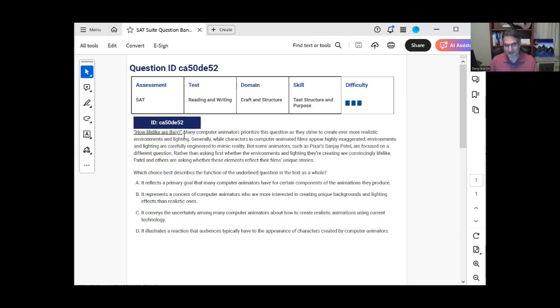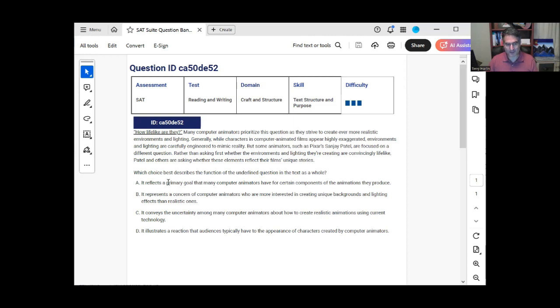They prioritize this question. Okay. So what's the function of this? It demonstrates what computer animators are most likely interested in when they're striving to create more realistic environments and lighting. So let's look at the answer choices, see if that's enough. We may have to read more, but let's see.